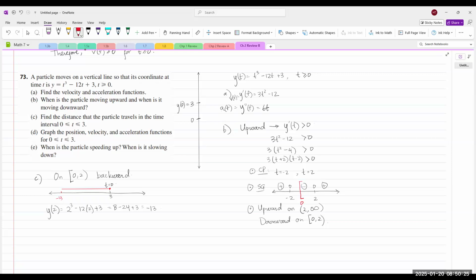Okay, and then later on, at time 3, we need to see where it is, since it will move forward. So that's 27 minus 36 plus 3, that's negative 6. So at time 2 it is at negative 13, and at time 3, it will be at negative 6. So it moves here. That's at time 3.